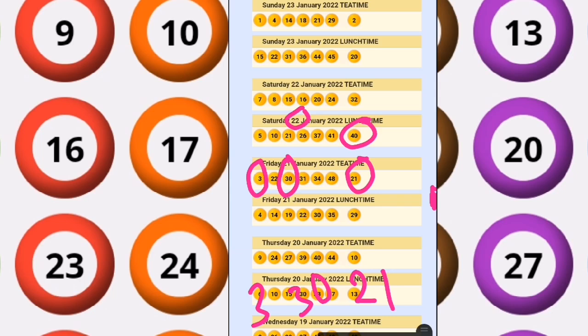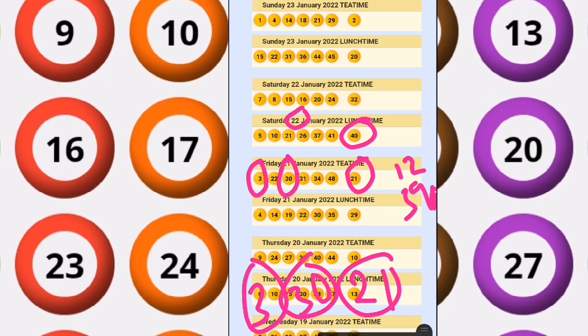Now, since you know that these have dropped, you go to the session and you will find out we also have 12, which is also the session of 3. We have 39, which is also the session of 3, because 3 plus 9 gives you 12, and 12 is also 3.